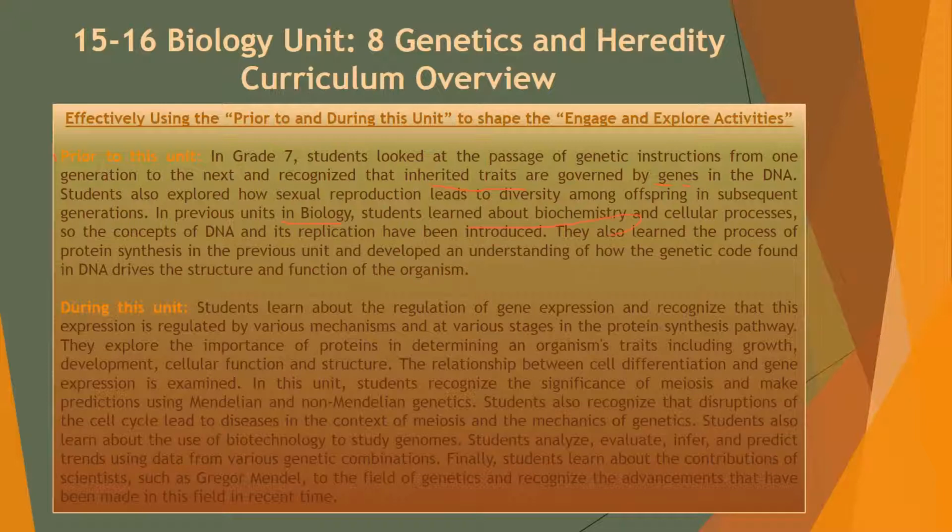And so definitely spiral in biochemistry, definitely spiral in protein synthesis, and use this information to develop your activities that will then make the lesson flow even easier so they can understand how protein synthesis now relates to the transfer or the development of traits.